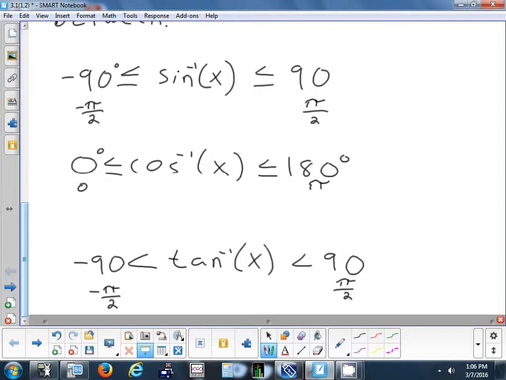Okay, an inverse tangent. If we have time at the end, we can look at the graph, but that one, it's not a wave. It's a very different graph. And that one also has to be between negative 90 and 90. But there's a difference between the negative 90 and 90 for inverse tangent and for inverse sine. Anybody see the difference?